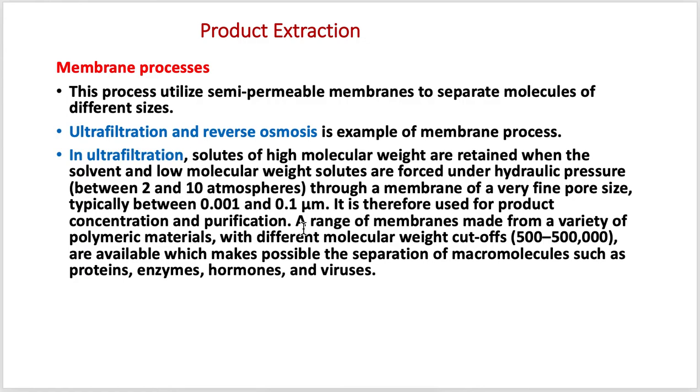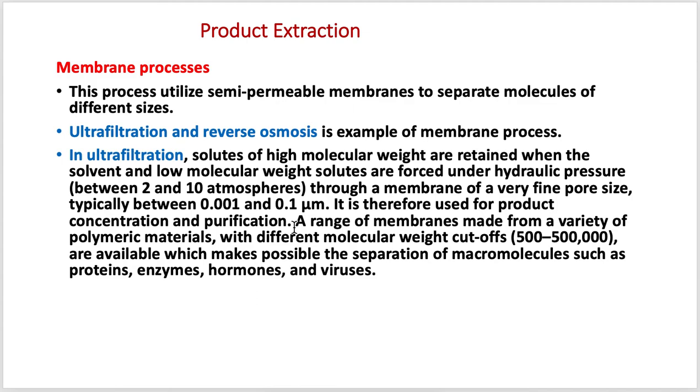By using ultrafiltration we can both purify the product and concentrate it. For example, say your product size is 0.05 micrometer. If you use a filter with a pore size of 0.04, what will happen?